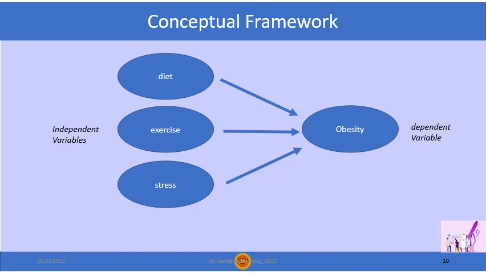So it provides a kind of a roadmap to understand the research problem, and therefore it guides the formulation of the research question. And it even helps in the data analysis and other things later on in the research. So it's kind of an essential component in research.